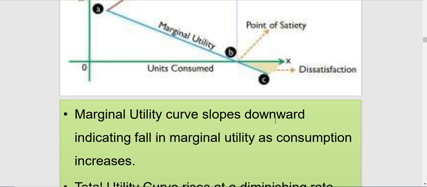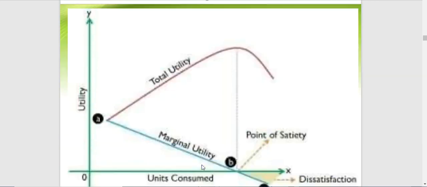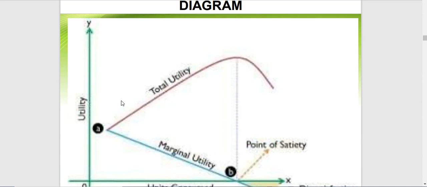Marginal utility curve slopes downwards, indicating a fall in marginal utility as consumption increases. Total utility curve rises at a diminishing rate when marginal utility is positive. Just look at the total utility curve, children. You find it is rising, it reaches the maximum level.